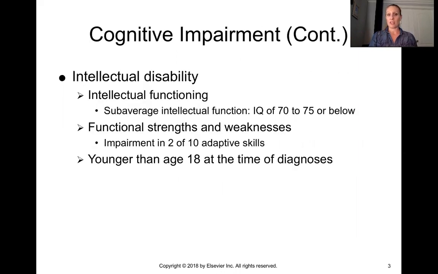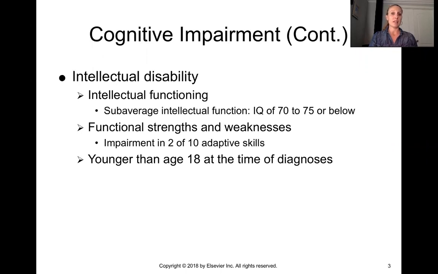So when we're talking about an intellectual disability, we quantify that. So what we're looking at here is an IQ of 70 to 75 or even below that. To give you a little bit of a reference range, the normal IQ is 90 to 110. So when we're looking at the diagnosis, we're also wanting to diagnose these before the age of 18.